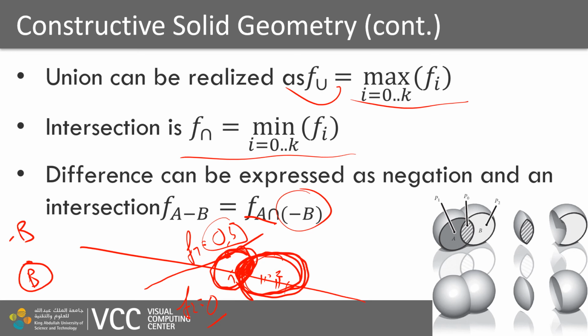And therefore, if we perform the intersection with its complement, then we are basically performing a difference, a negation of that object, which can be seen, for example, here.